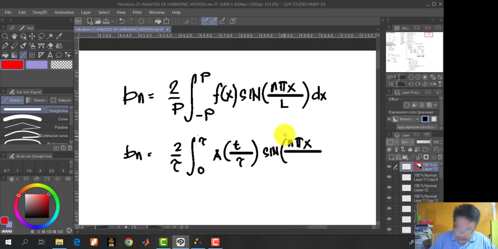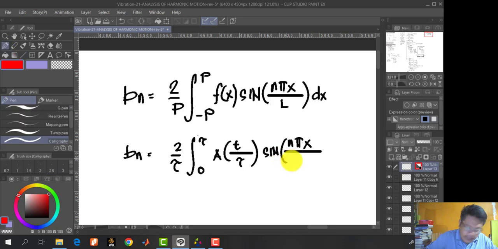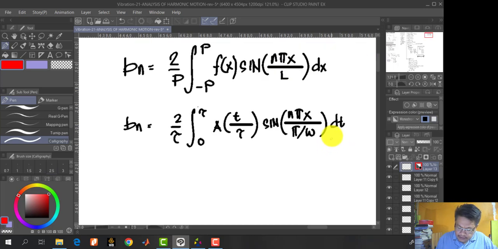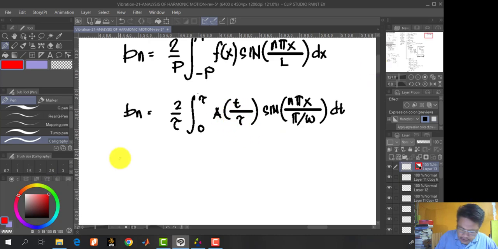That will be pi divided by angular velocity, and we have here dt. Let's try to simplify, substitute the value, and we can also take out the constant here. So for my b sub n, I can take out my constant.